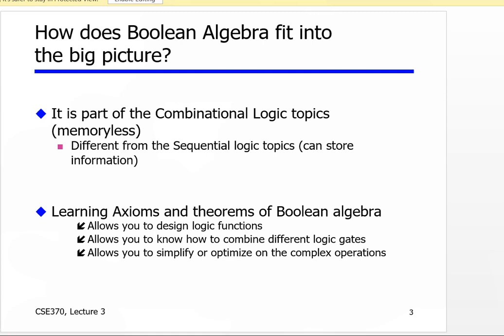So how does Boolean algebra fit into the big picture? It is a part of combinational logic, different from the sequential logic topics. Learning the axioms and theorems of Boolean algebra allows you to design a logic function, to combine different logic gates, and to simplify and optimize a complex operation.